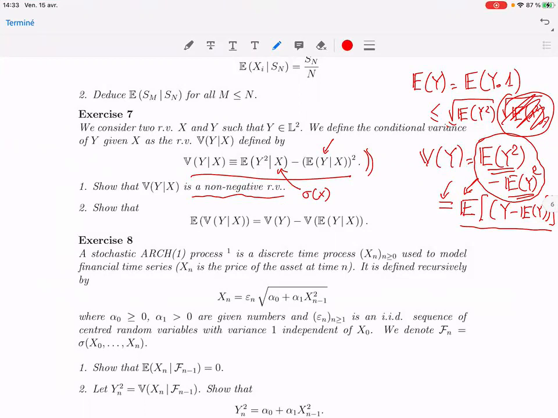And now we have to show the second property, that the expectation of the conditional variance is the real variance, which is written here, minus the variance of the conditional expectation. So let us prove this second fact.